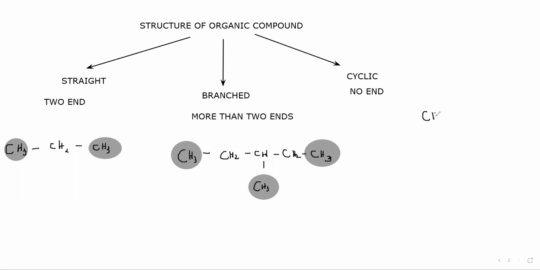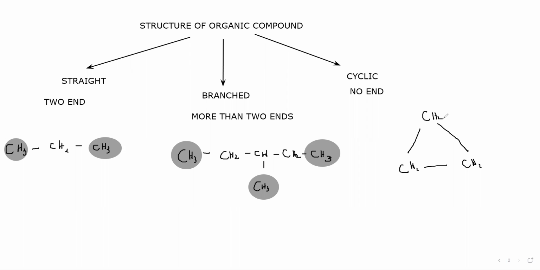For example, if I draw CH2, CH2, CH2, and then link, there's a cycle, a loop with no end. So we call this type of structure a cyclic structure.